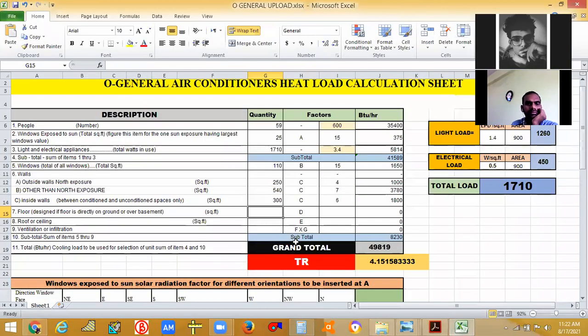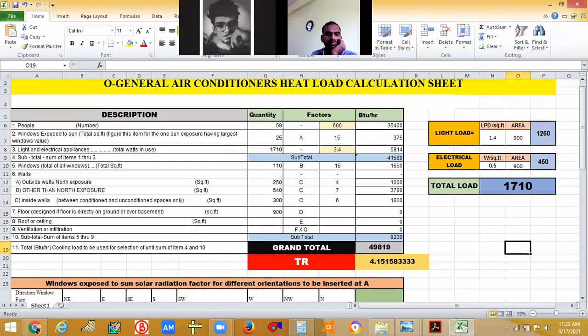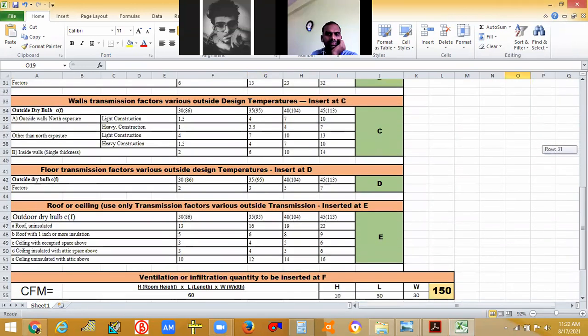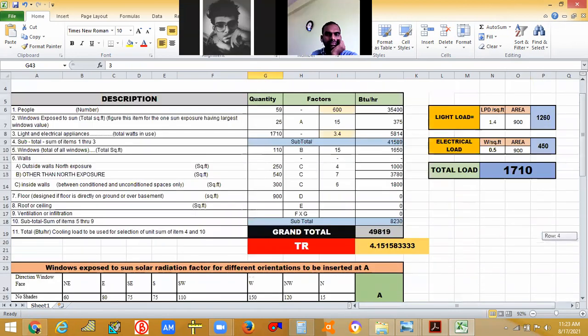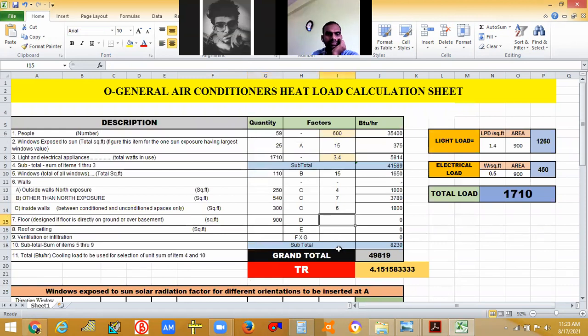So I am giving 900 square feet, and I have to multiply with D. So I am just seeing what is D. Floor transmission factors, various outside design temperature, insert at D. So outside dry bulb temperature, what is that? 95 degree Fahrenheit. What is my factor? 3. Correct? So I am going to insert 3 in D.